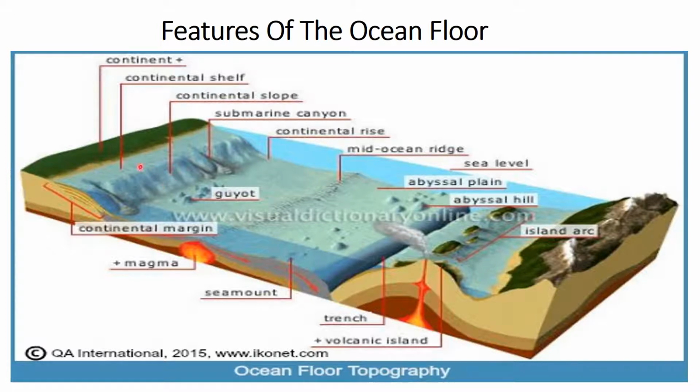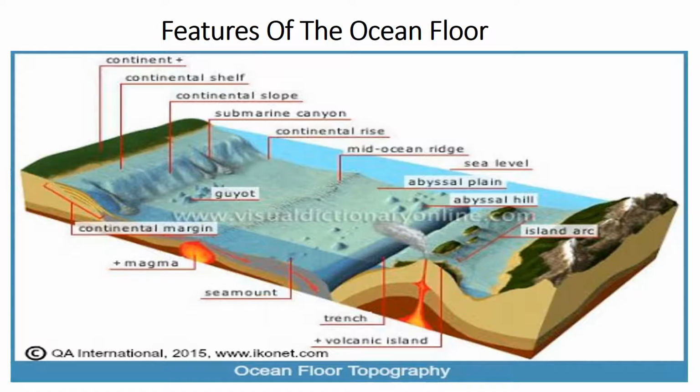The slope of the continent is known as the continental slope. And we have the continental rise over here. Why do we call it rise? Because the ocean basin rises from this portion towards the continents. That is why we call it continental rise.